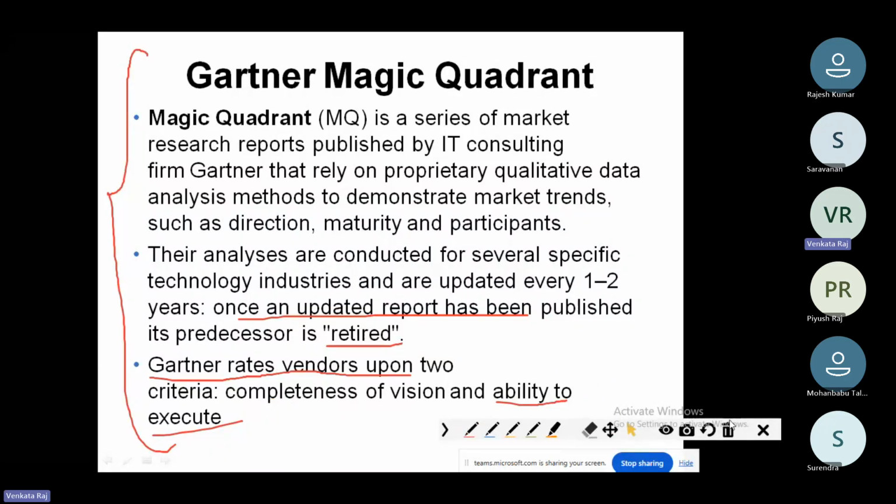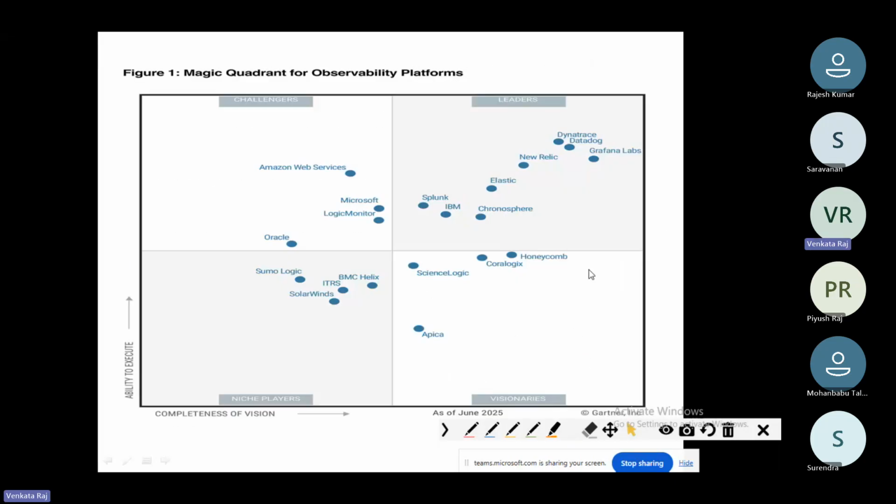And now we will see the magic. Is this figure visible to all of you? So here you see there are 4 quadrants. This is 1, 2, 3, 4.